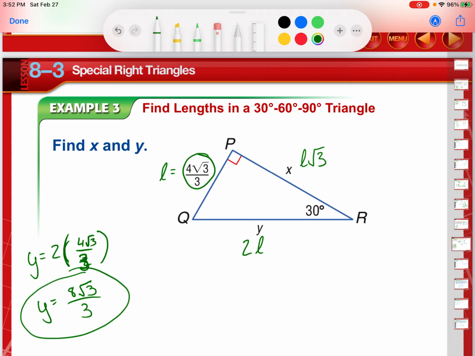So that's my Y value, just like that, right off the bat. Now I need to find my X value, and my X value is going to be this circled quantity again, times root 3, which seems horrible, but it's actually not going to be that bad.